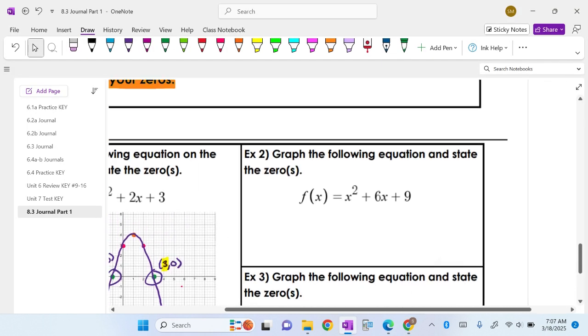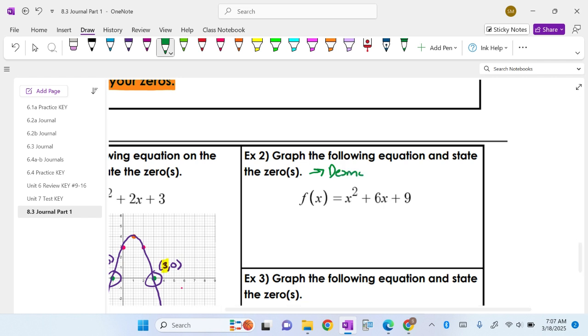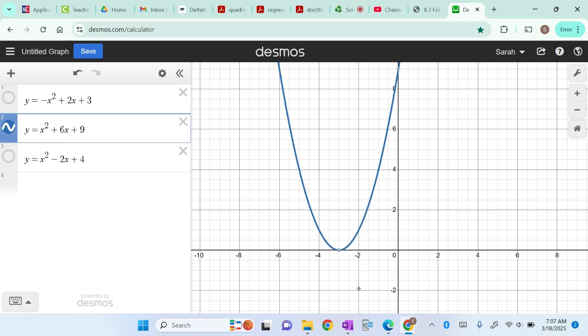Now, for the next example, we're actually just going to simply graph in Desmos. So we're just going to graph this entire function in Desmos and get the zeros. So I already have it graphed in Desmos, which is right here. Make sure that you type it in exactly. Now, this one appears to only have 1 zero because the vertex is also the x-intercept.